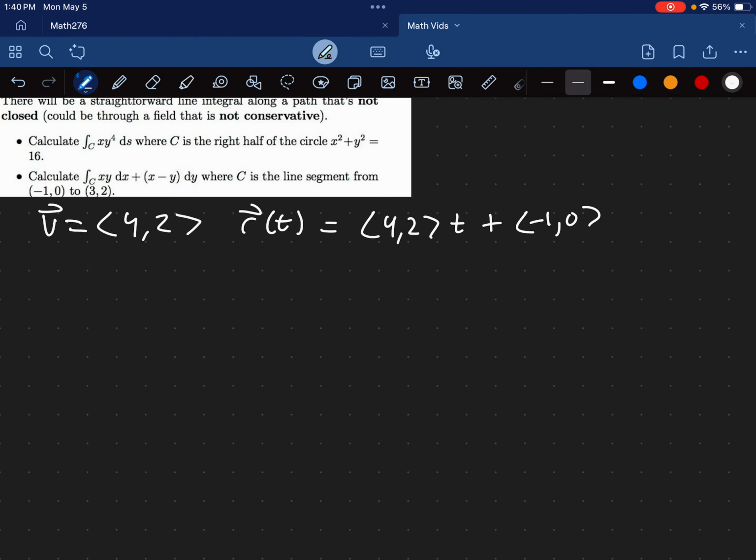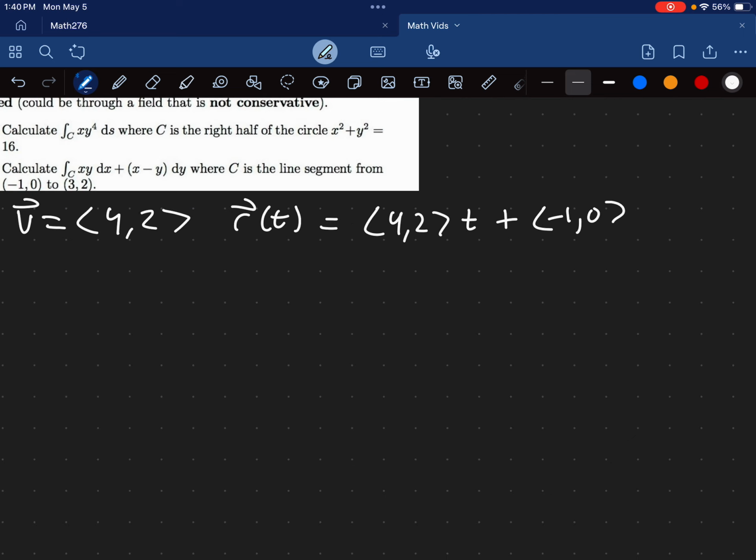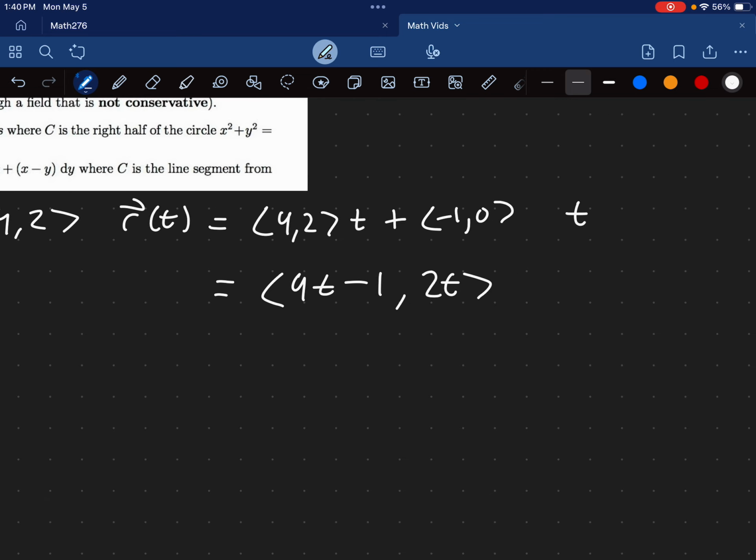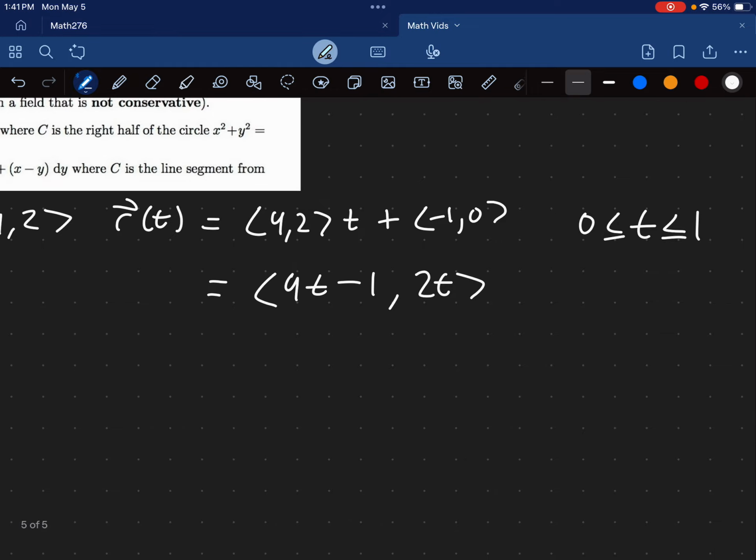Okay, so this becomes equal to 4t minus 1, 2t. Okay, now something we need to do that we did before with our circle is specify our values for t, and a parameterization like this can only go from 0 to 1.